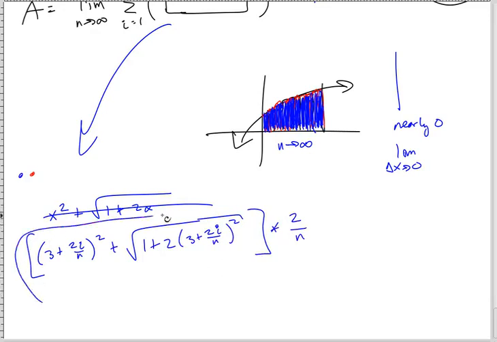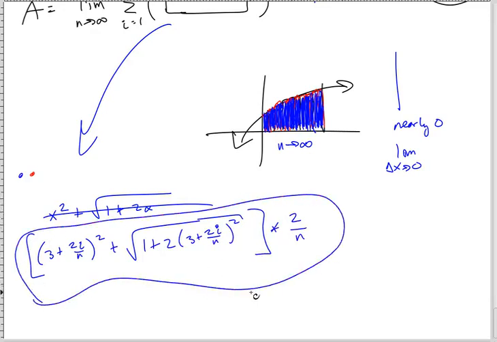This, I'm not kidding you, all of this is exactly what you type into WebAssign as your answer, okay? This is what you're typing in there. Do not simplify. You do not need to simplify. That is your answer.